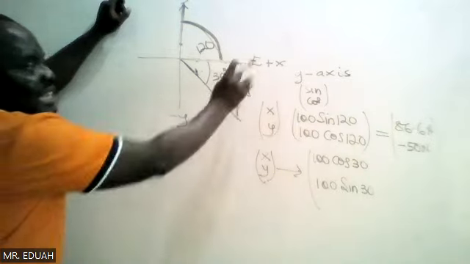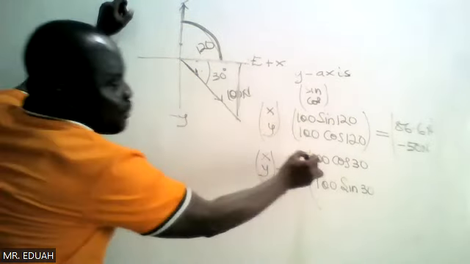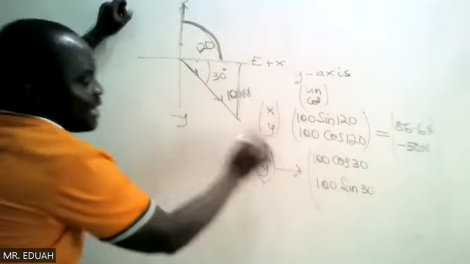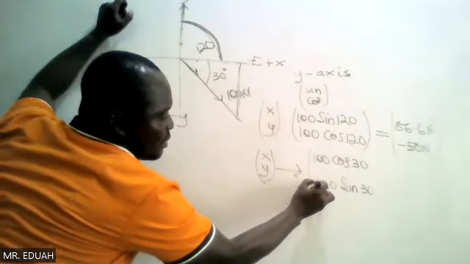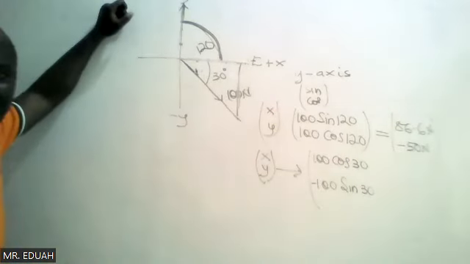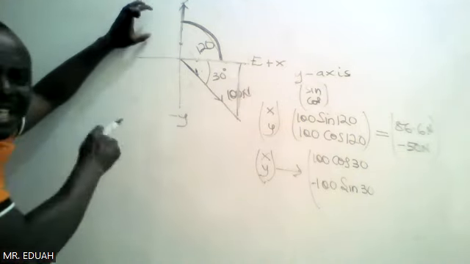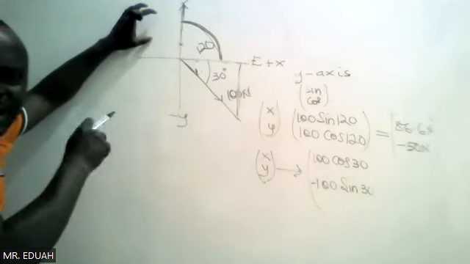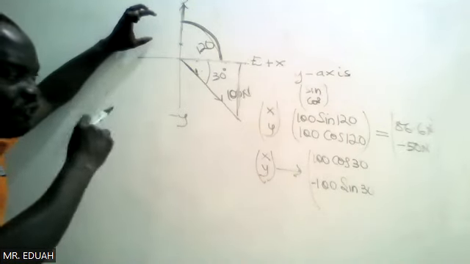Negative, meaning that the x component will be positive, whereas the y component becomes minus. Are you okay? Yes. So you have to also factor the quadrants within which the vector falls.